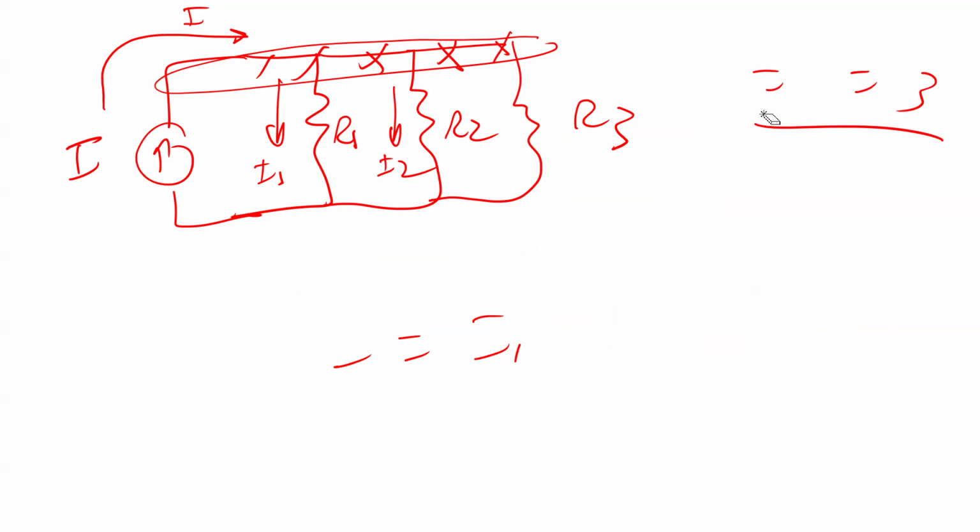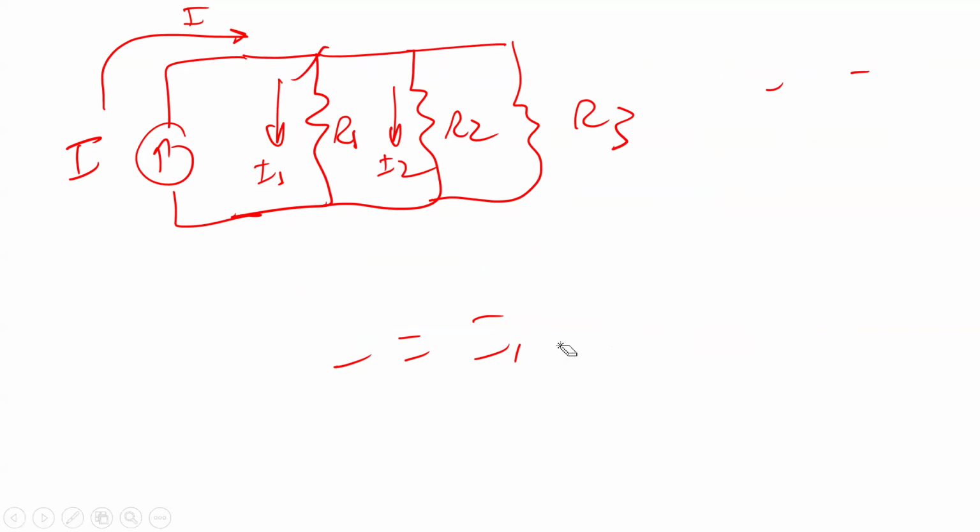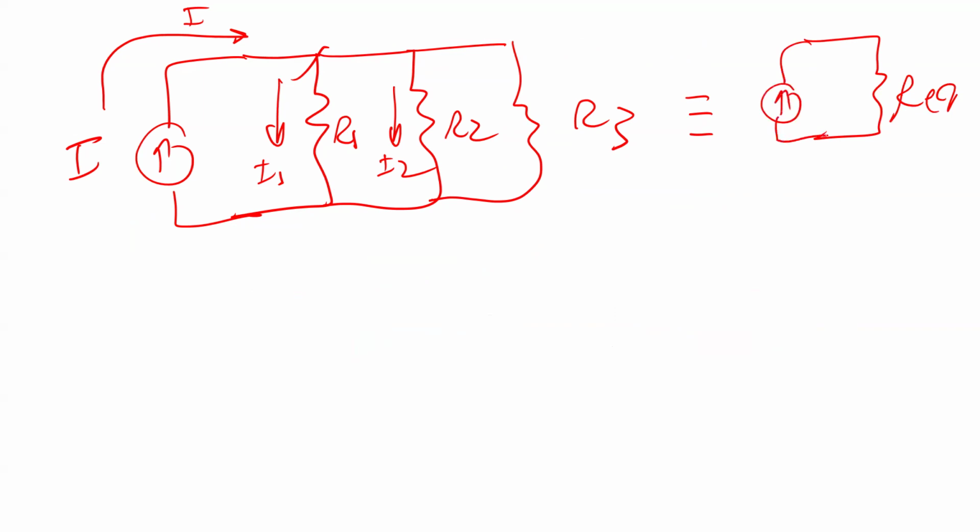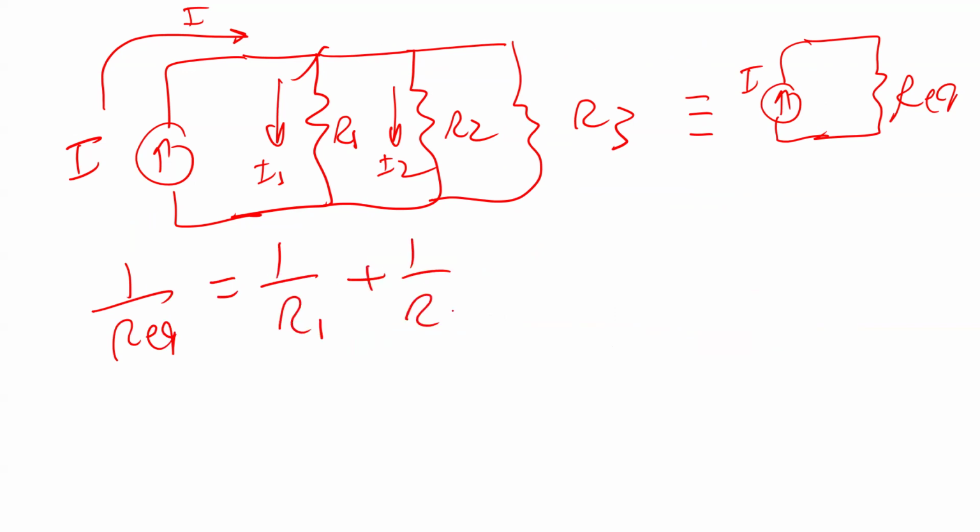Okay? And now, the very easy part, and I told you also, this circuit here is just equivalent to R equivalent, and then I have here the current I and the R equivalent. And the formula for R equivalent is 1 over R equivalent equals 1 over R1 plus 1 over R2 plus 1 over R3.